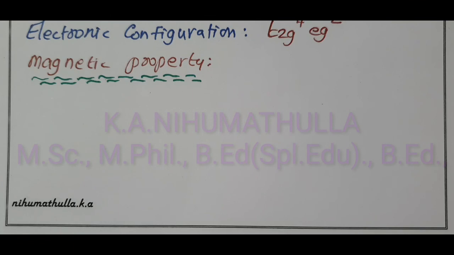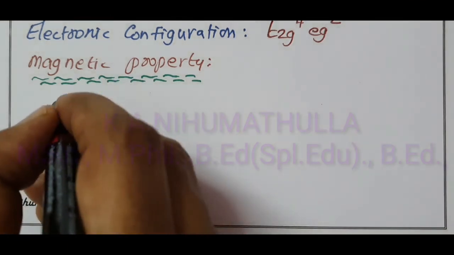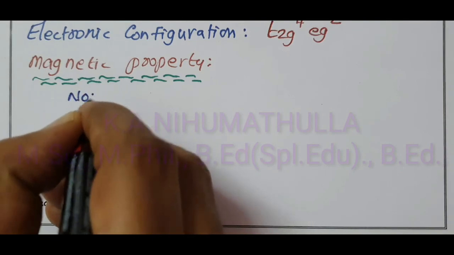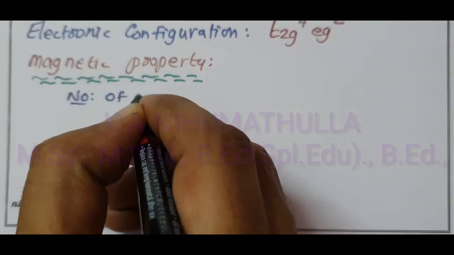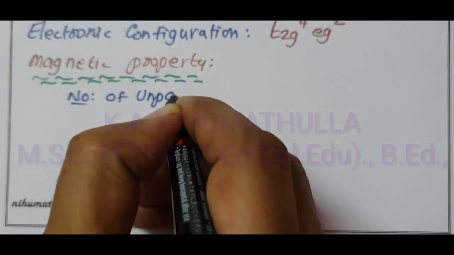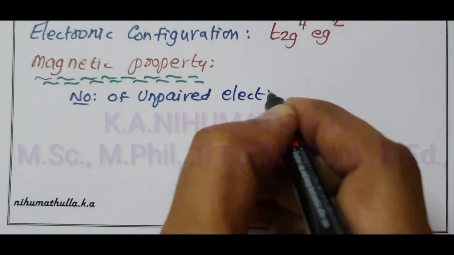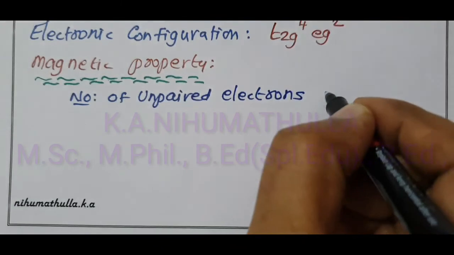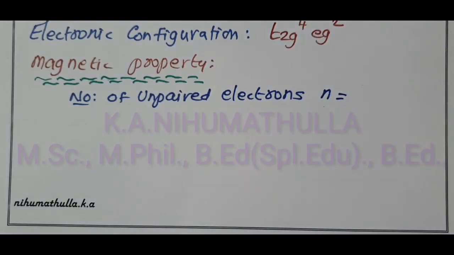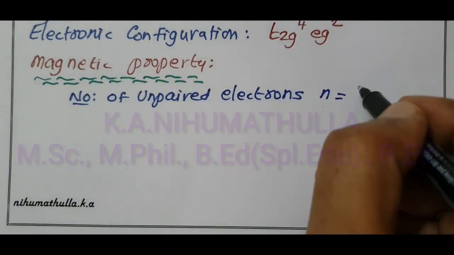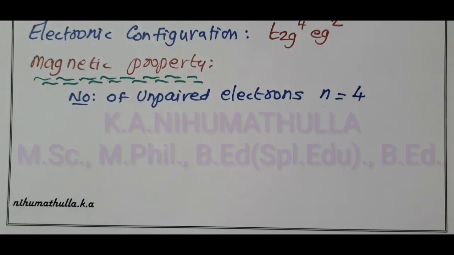Magnetic properties. Now, number of unpaired electrons. N equal to 4 unpaired electrons we have.